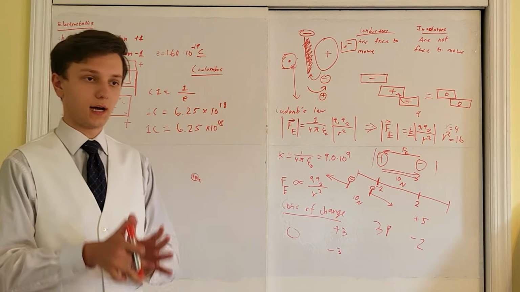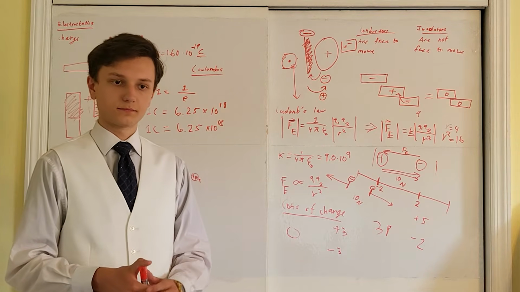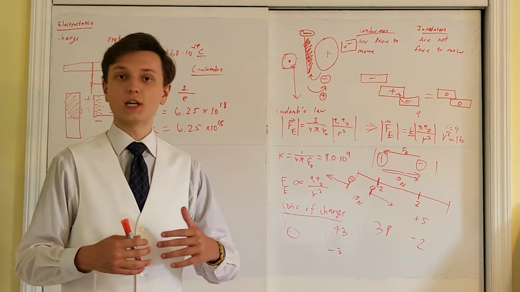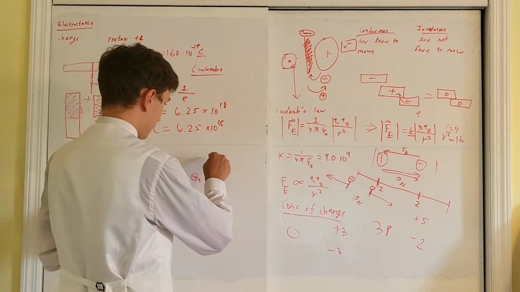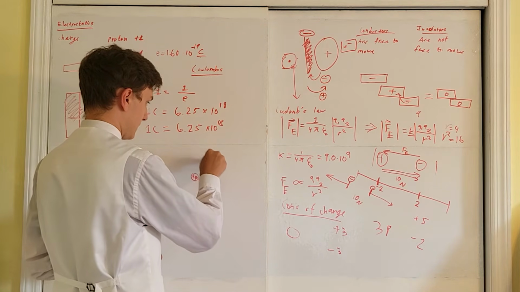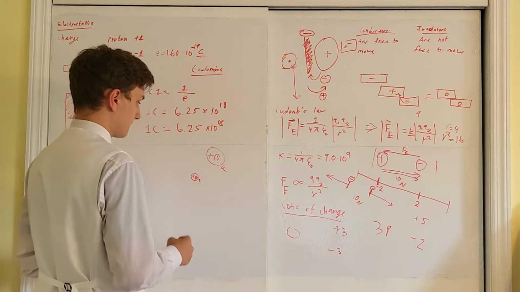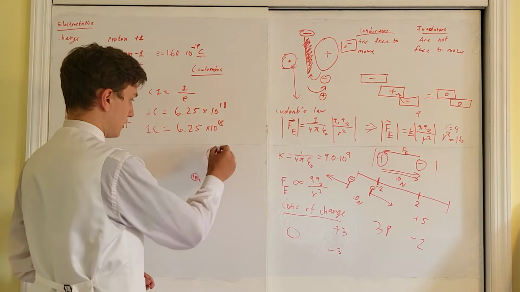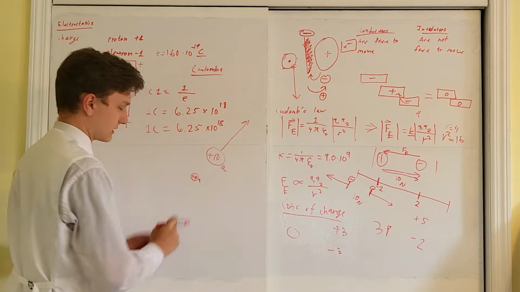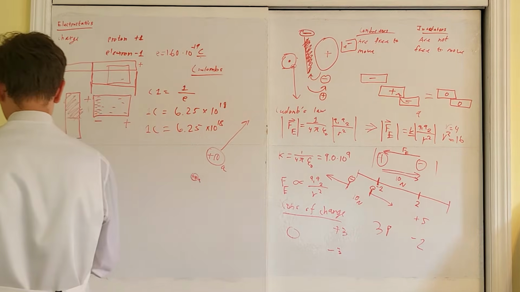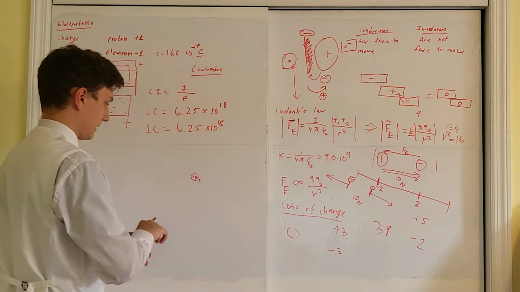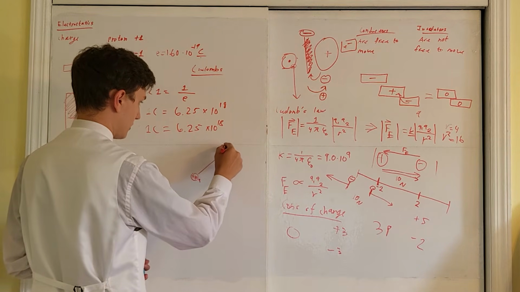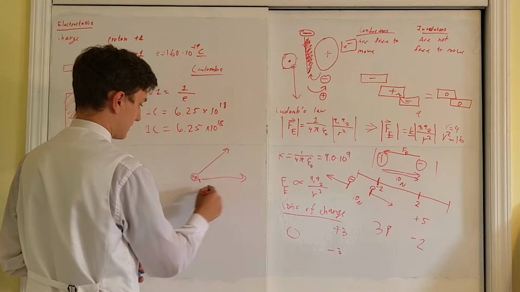We say that the positive direction is the direction in which a positive charge would move. Which means if I were to place a positive 10 coulomb charge right here, that being a positive charge would move in this direction because it is being repelled by the other positive charge. Therefore, we can say that the electric field vector coming from this charge radiates outward like this.